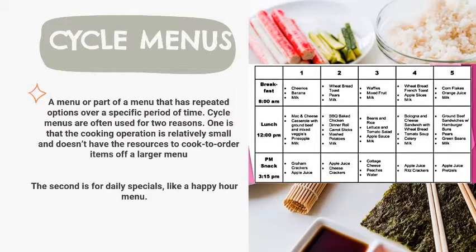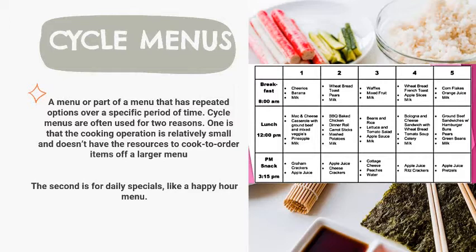Number 4 is the cycle menu. In simple words, so that you can easily understand, a cycle menu is a part of a menu that has repeated options over a specific period of time. And a cycle menu also has a definition which is fairly intuitive given its name.